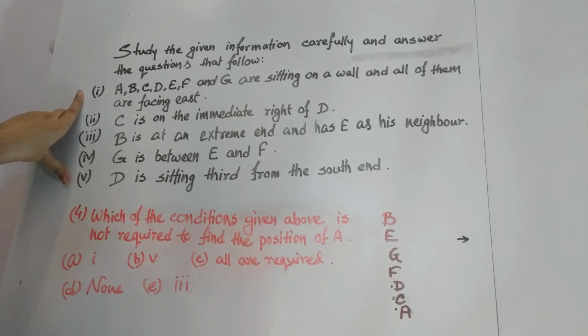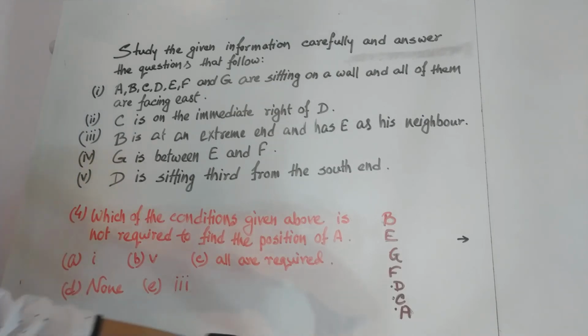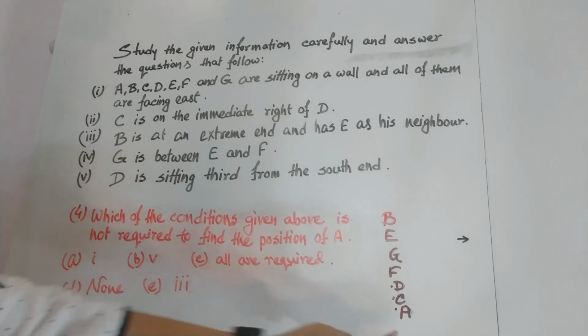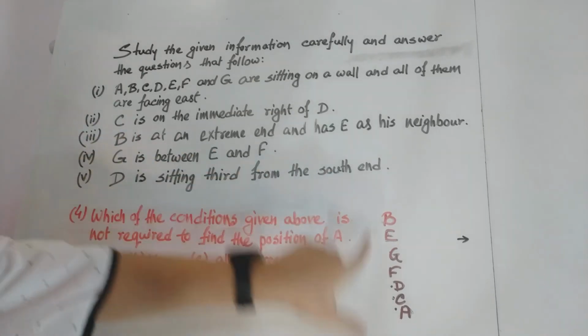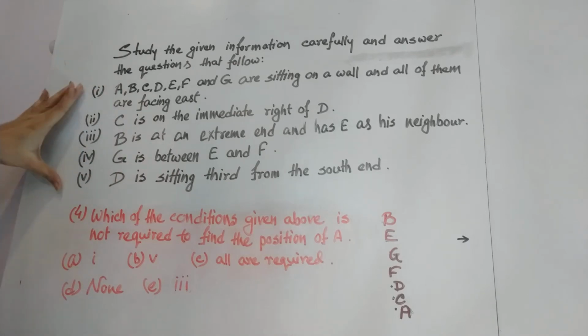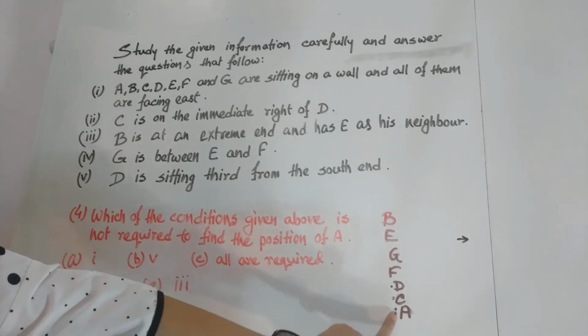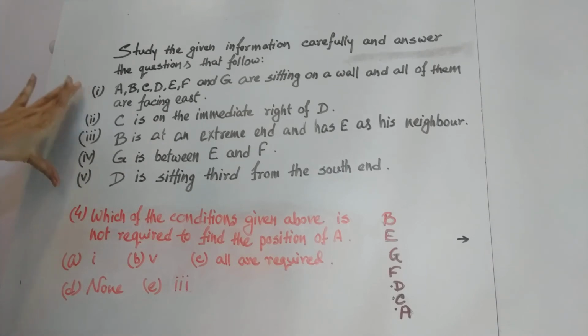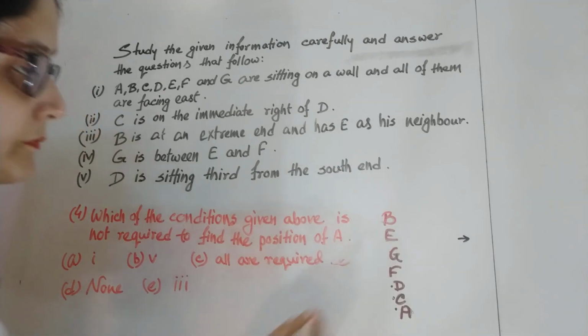Here all are required because we found the position of A at the last. After deriving all other positions from all the other clues, we derived the position of A. So all the clues are required to find the position of A here. So all are required will be the answer.